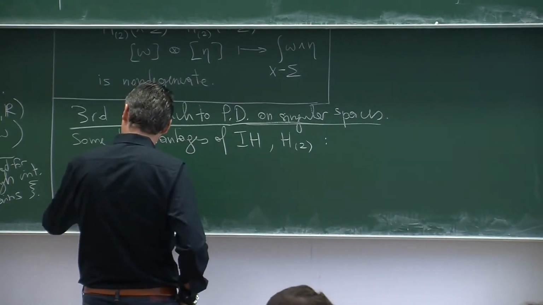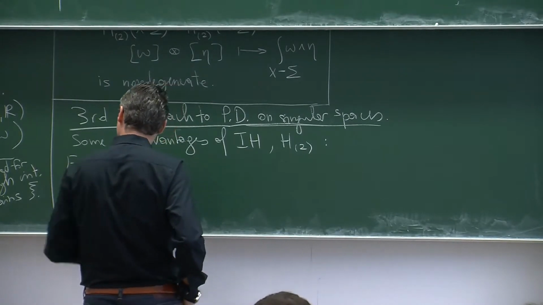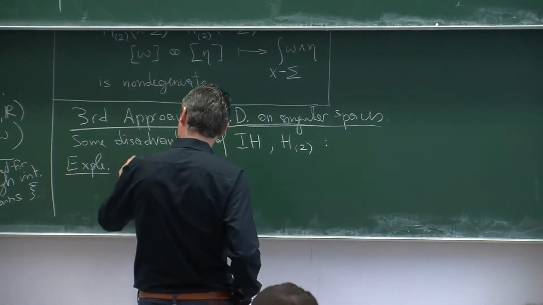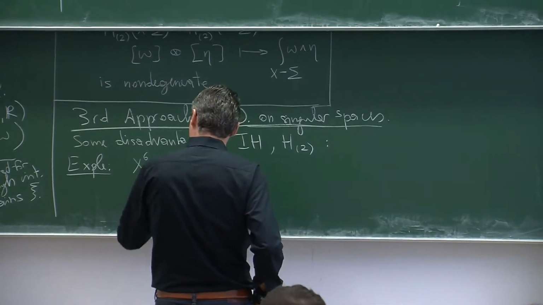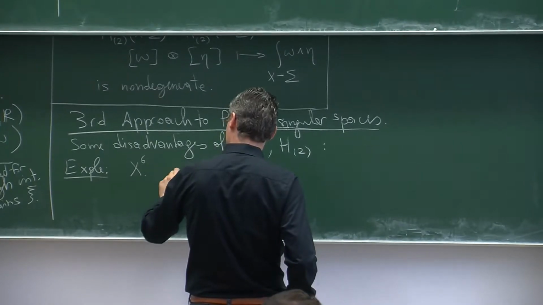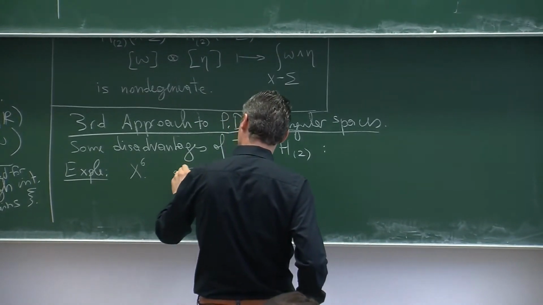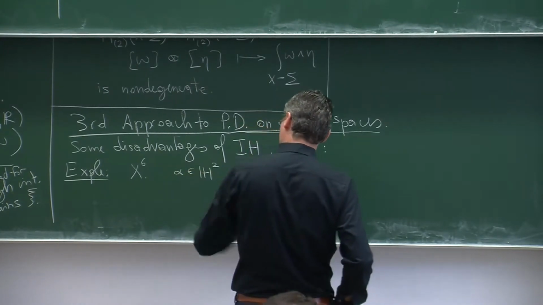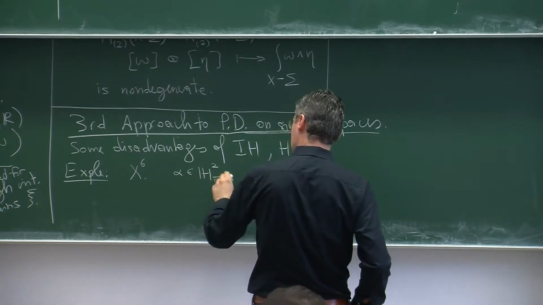Well, let's do an example, maybe. Suppose I have a 6-dimensional pseudomanifold, and I have a class alpha in IH2, say with the middle perversity always.